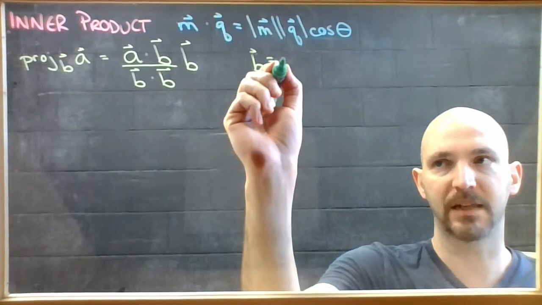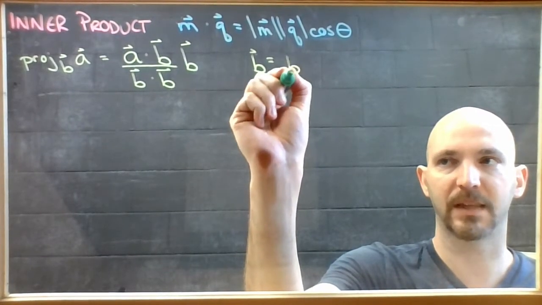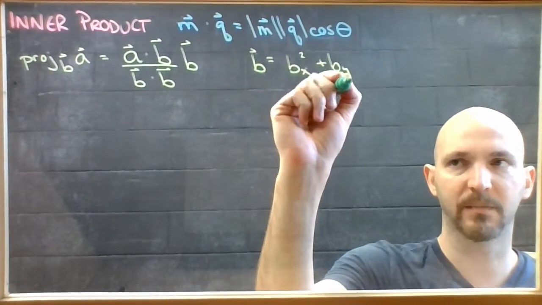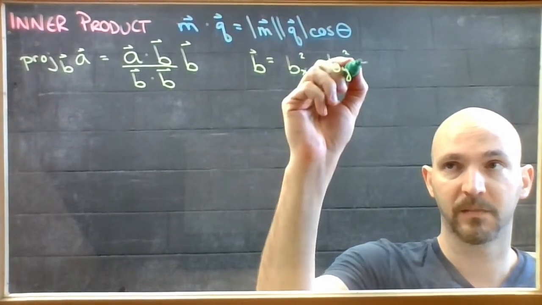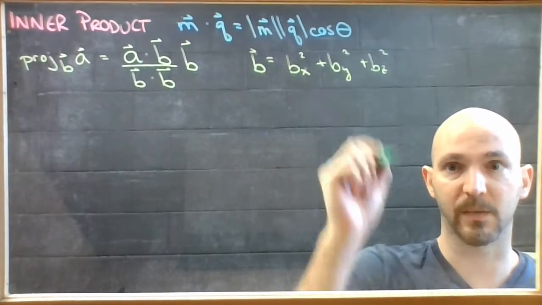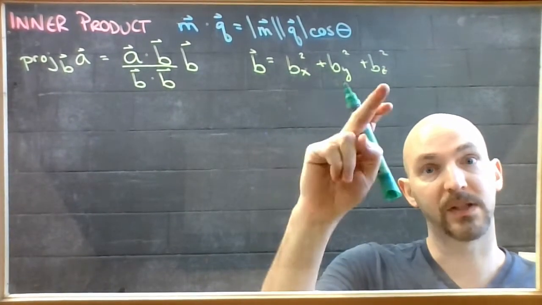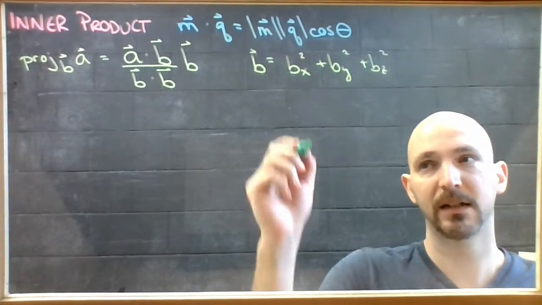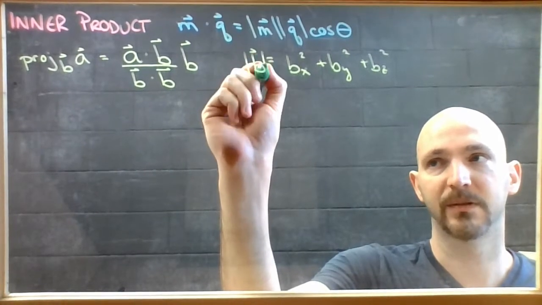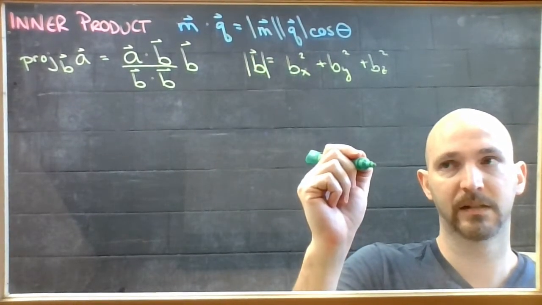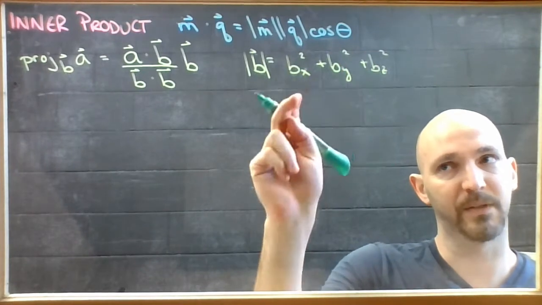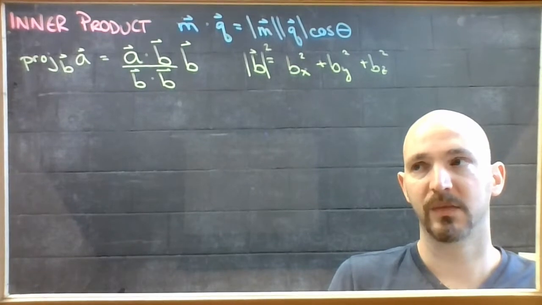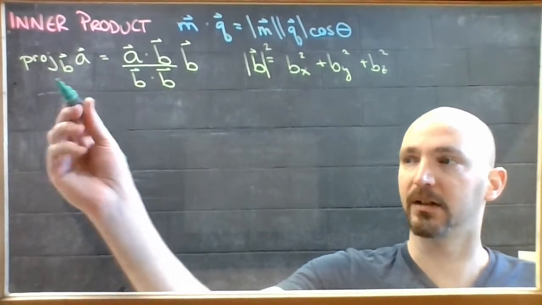If you do B dotted with itself, you end up with the x component squared plus the y component squared plus the z component squared. Now that looks very familiar. The x squared, the y squared, and the z squared all added together, that's the magnitude of this thing. I'm missing a square root. So this is the magnitude squared. So I'm going to make that change down here.